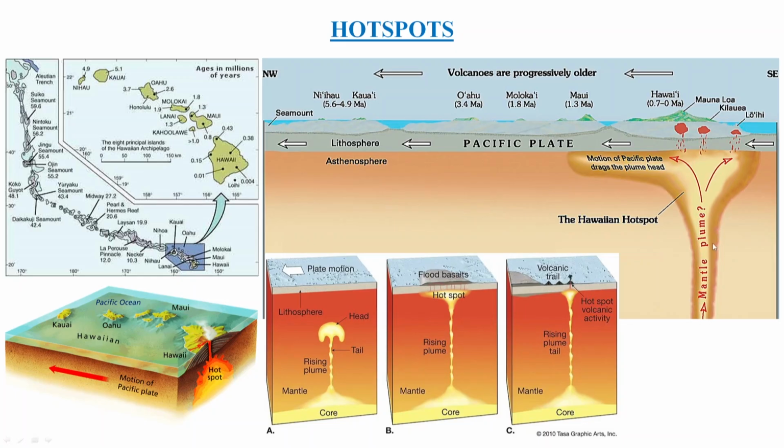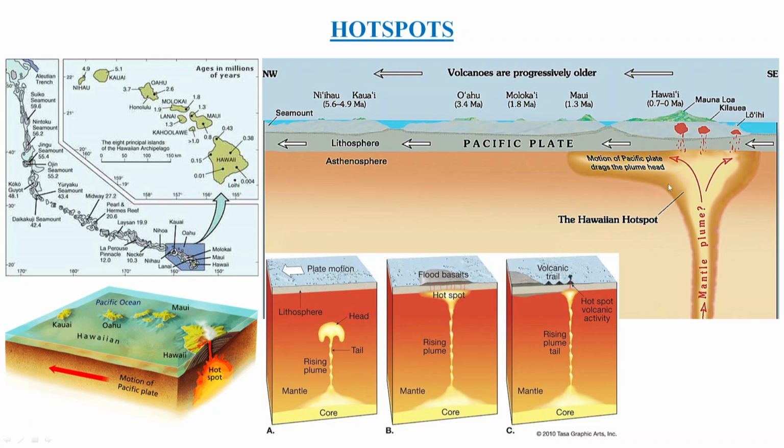In that case, the Pacific plate is moving above the hotspot, or the mantle plume that has now reached the bottom of the Pacific plate or the lithosphere here. So the Pacific plate is continuously moving. What will happen? Some molten material will try to get attached to the bottom of the Pacific plate, and it will move along with it to a certain distance, not a very large distance, but up to a certain distance.